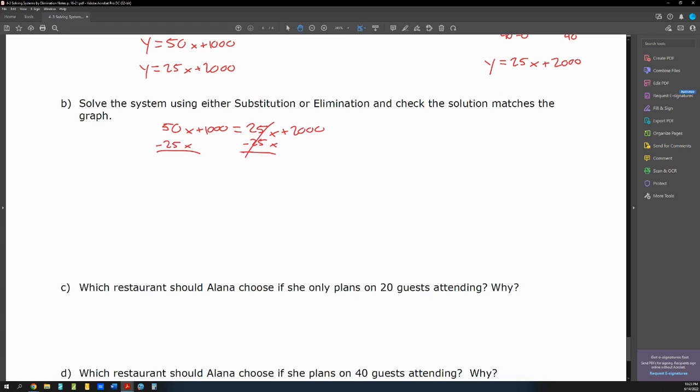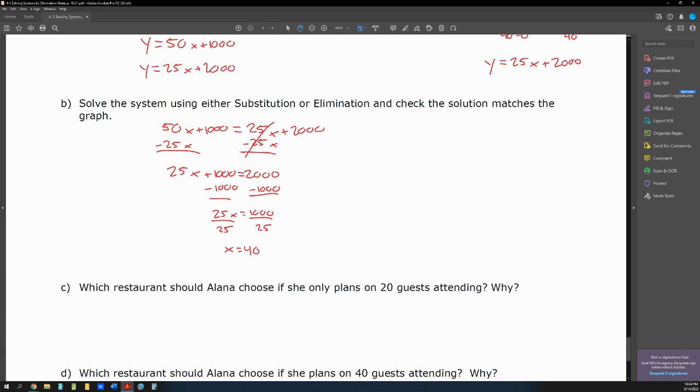And on the right-hand side, they cancel, so we're left with 25x plus 1,000 is equal to 2,000. Subtracting 1,000 from both sides, we get 25x is equal to 1,000. And dividing both sides by 25, we get x is equal to 40.